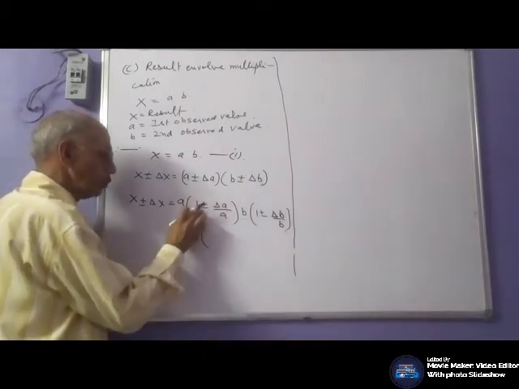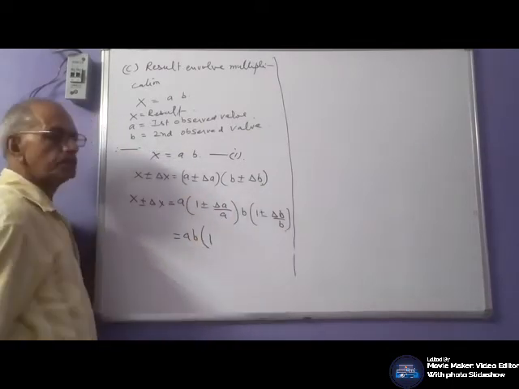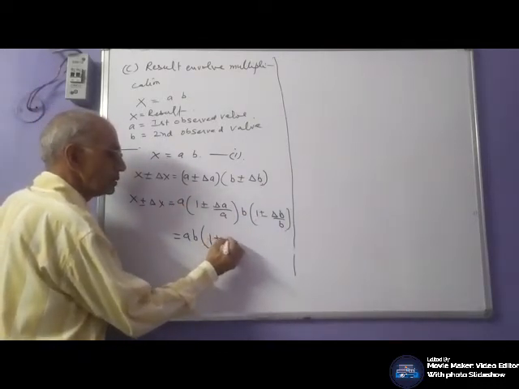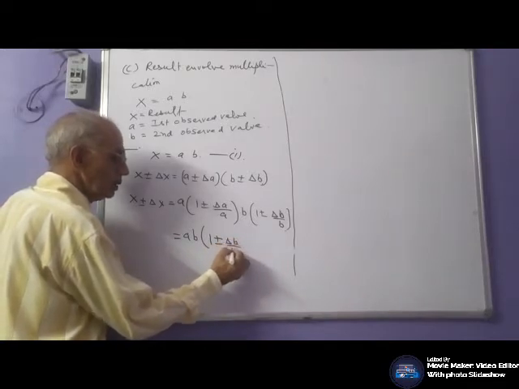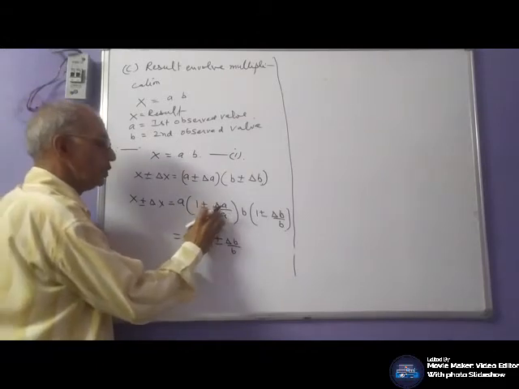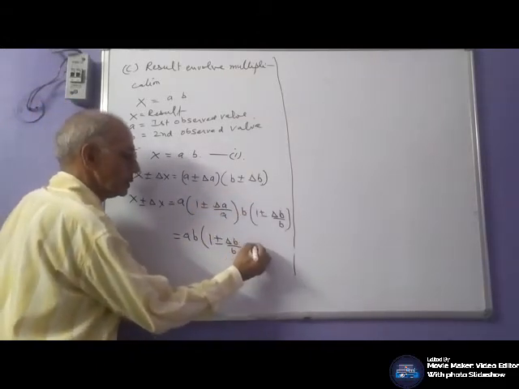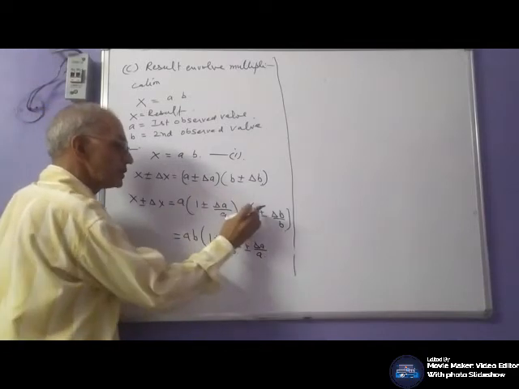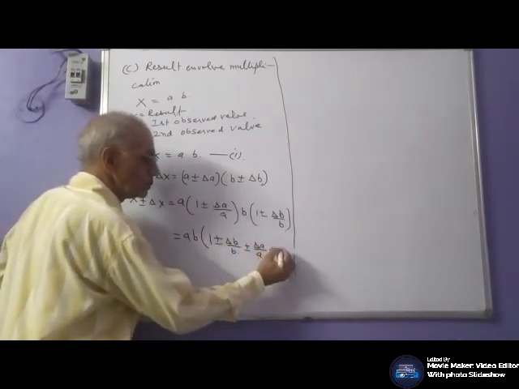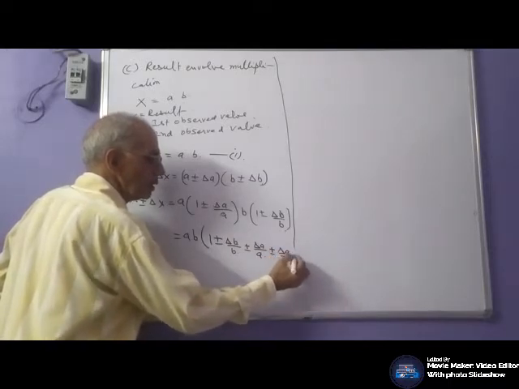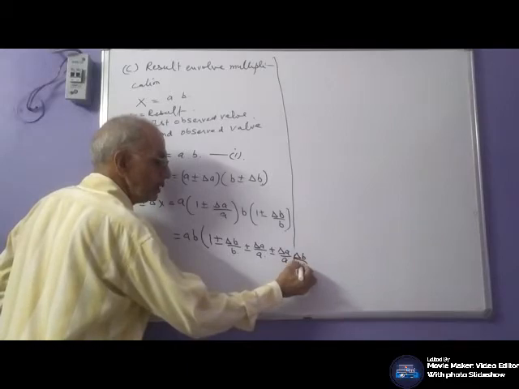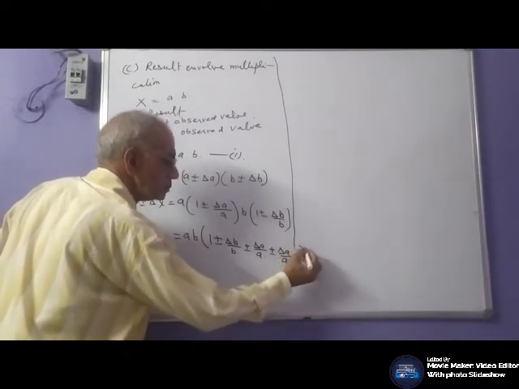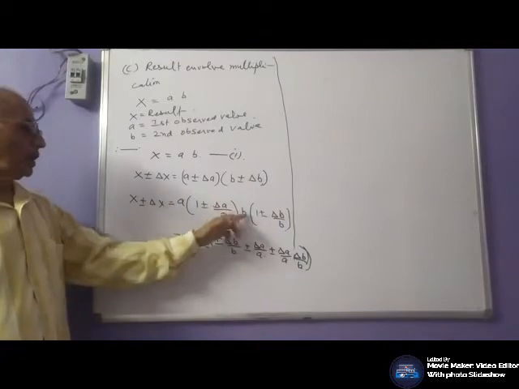Now multiply them. 1 with 1, 1. 1 with this, plus minus delta B by B. Now this with this, plus minus delta A by A. Now this with this, plus minus delta A by A, delta B by B. Again listen, AB.